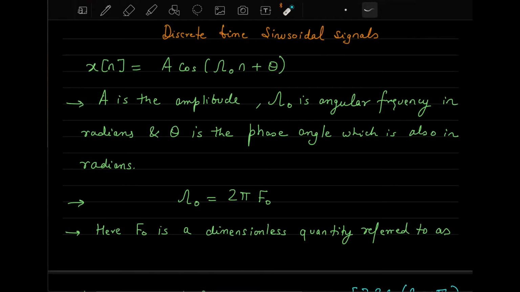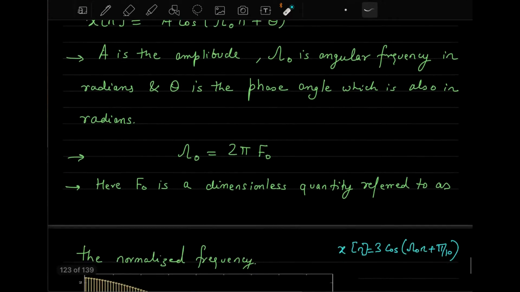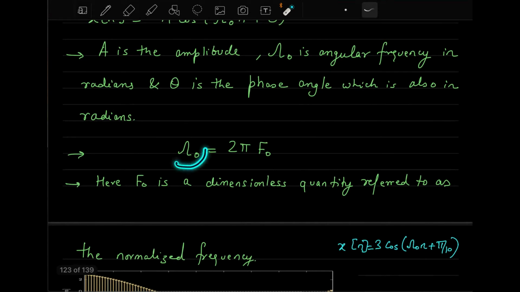This is an important point to be noted as compared to your continuous counterpart, because there you have radians per second in the continuous time setting. Here we have radians. Another important thing is, this omega naught can be represented as 2 pi f0, and in this 2 pi f0, this f0 is again a dimensionless quantity. It does not have a frequency unit.